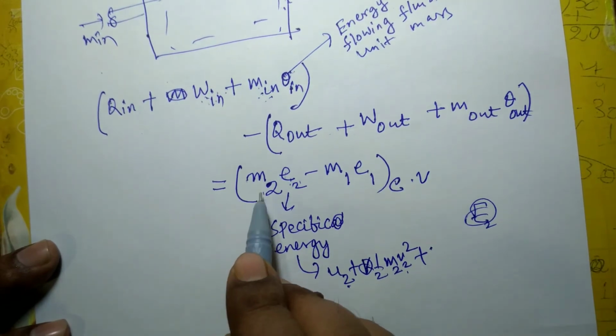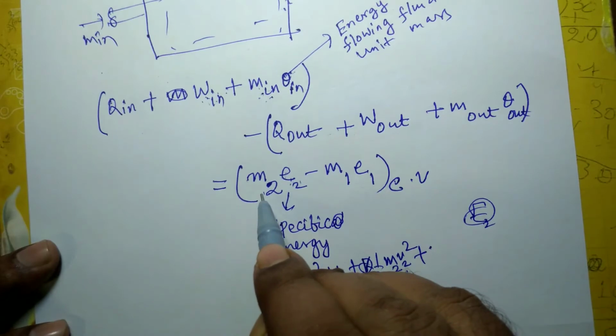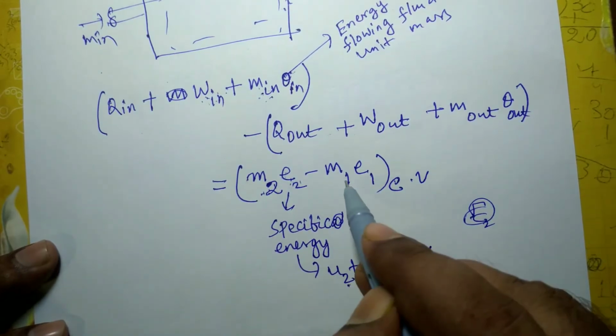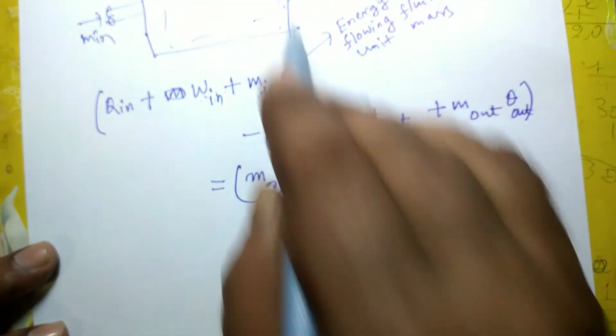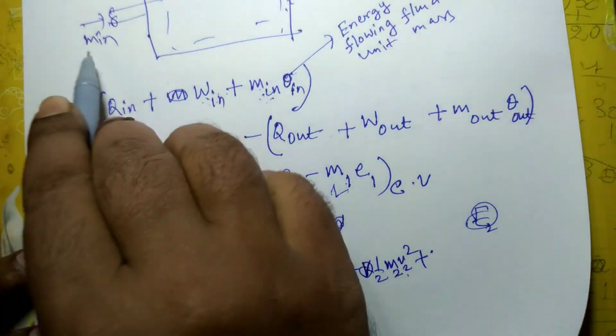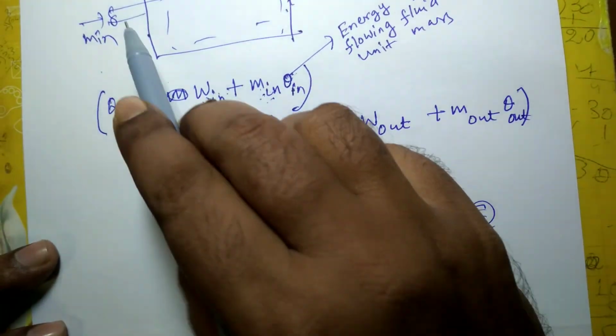ये मास फाइनल मास, जब मास इंटरेक्शन हो रहा है उसके बाद जो फाइनल मास होता है, ये M2 होता है. ये initial mass of the control mass within the control volume कितना था initially, that was M1, and after interactions have taken place, क्योंकि changes आ रहा है ना.